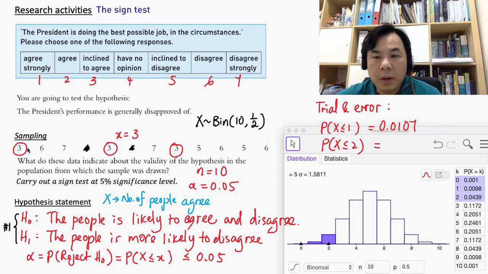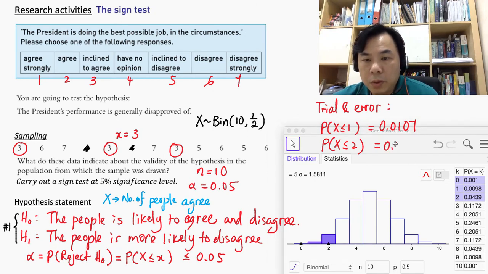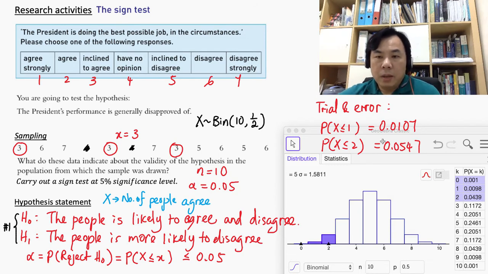Okay, I will have 0.0547. Now you can see that this probability, this p-value, already exceeds the significance level, whereby the significance level is supposed to be somewhere here.